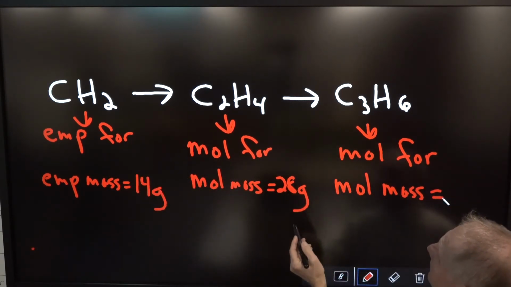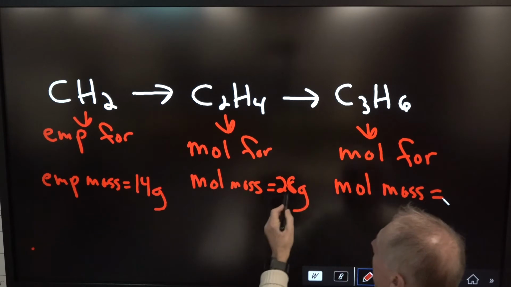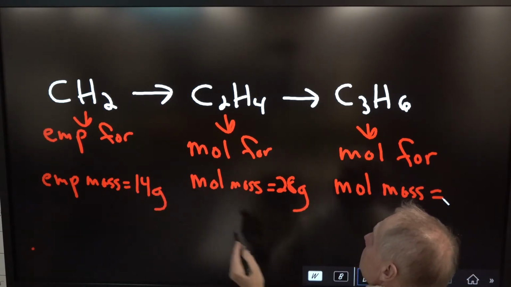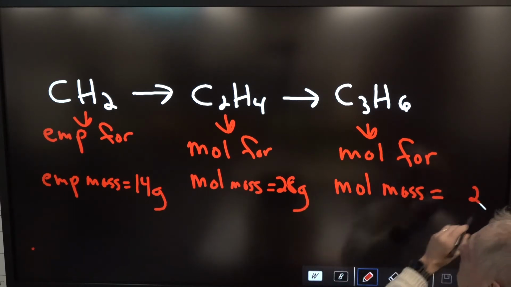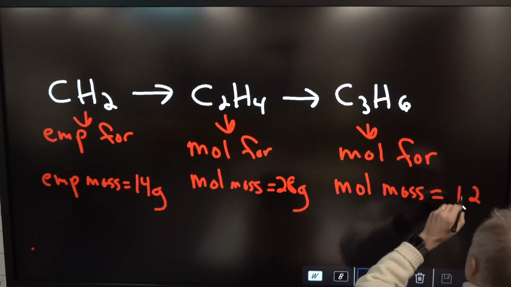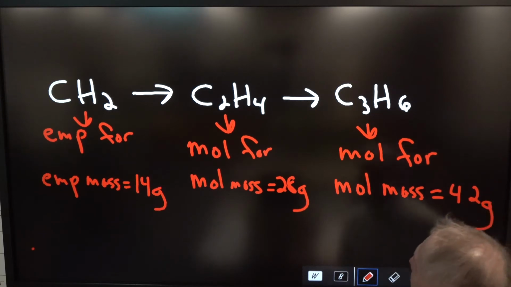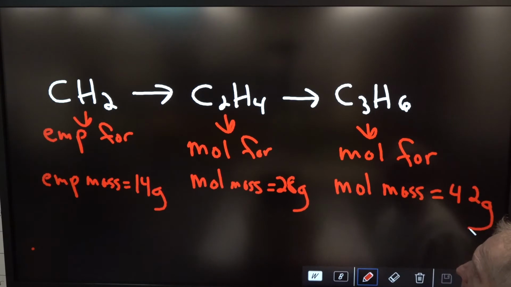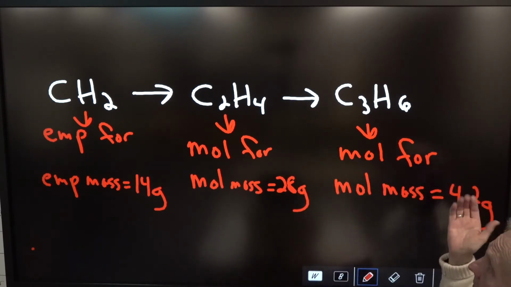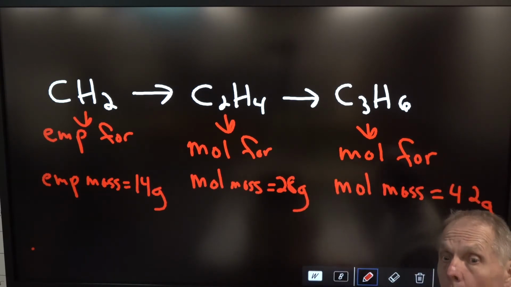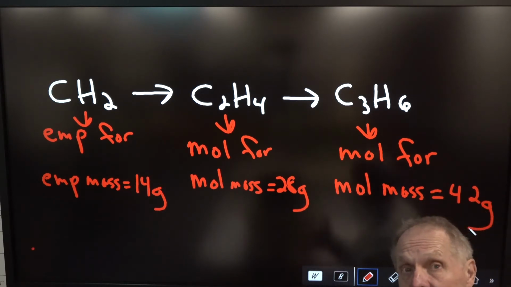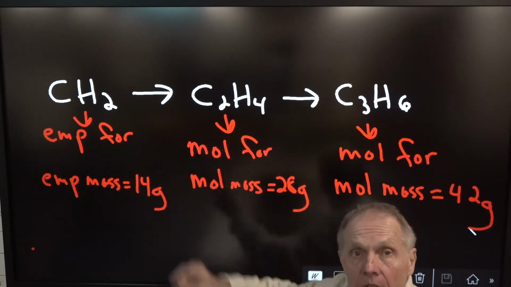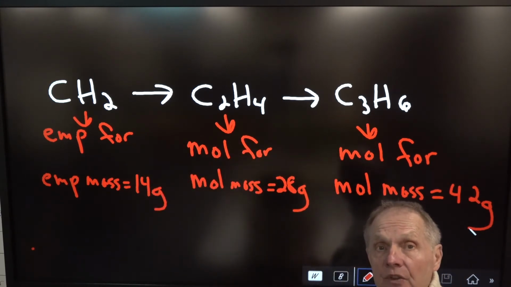So we just add 14 there, we doubled that, now we've got to triple that. So 28 plus 14 is 42. So that's how it works. Okay? So we know, we haven't written it down yet, but we know the molecular formula is a multiple of the empirical formula. That's how it's supposed to be.